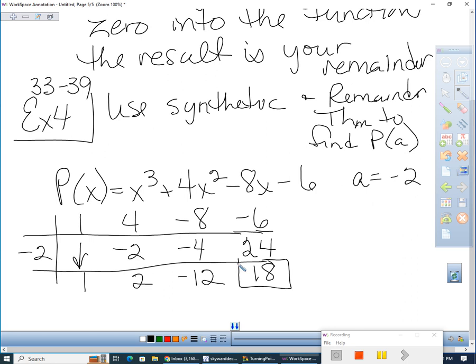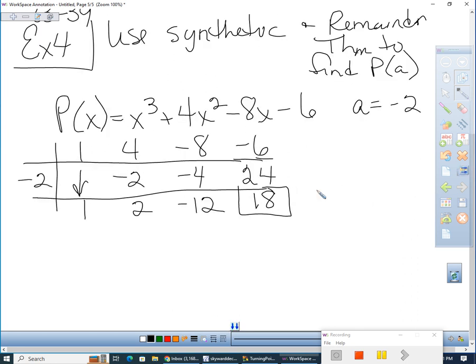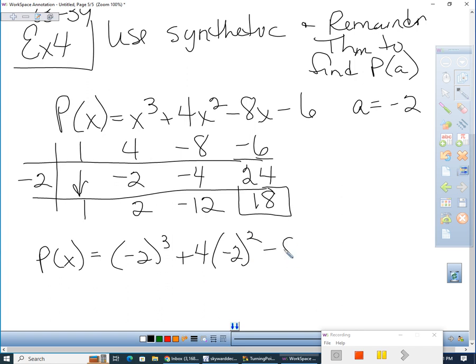Now we're going to do it by the remainder theorem, which means we're going to take negative 2, our zero, and plug it into our function. So we have P of X equals negative 2 to the third plus 4 times negative 2 squared minus 8 times negative 2 minus 6.